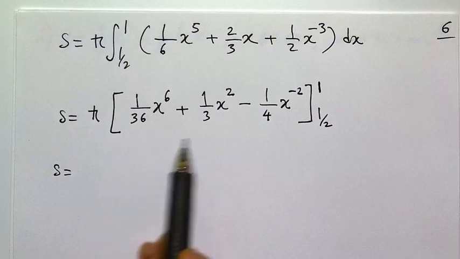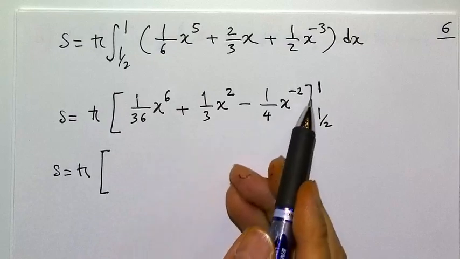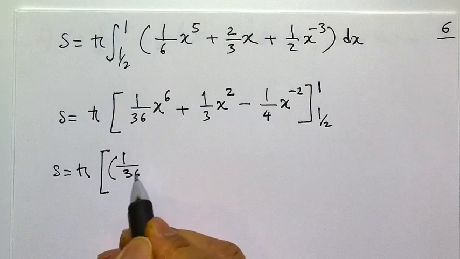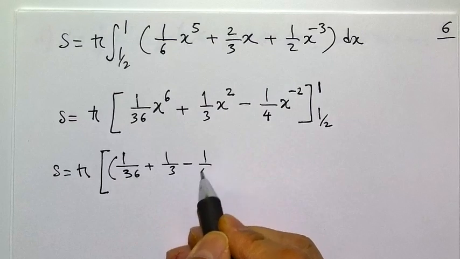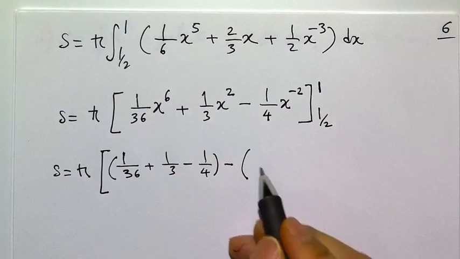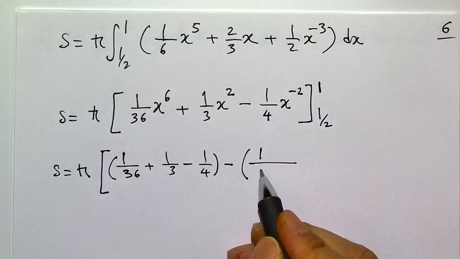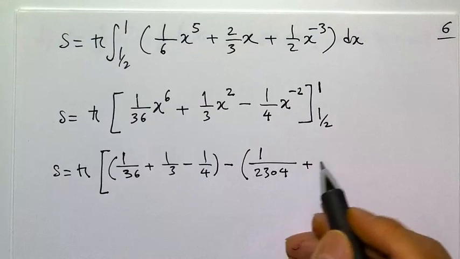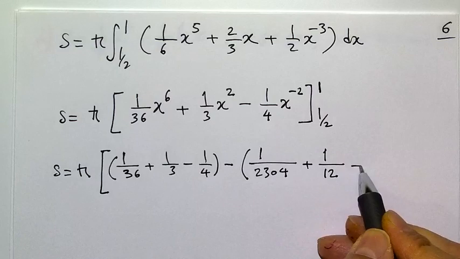Next, let's just do the calculation here. So we have pi times, substitute for x with 1. What do we get? We get 1/36 plus 1/3 minus 1/4 minus, substitute 1/2. So we get, okay, so what did I get for that? Let's see, 1/2304. Please don't take my word for it. See if this agrees with your own calculations. 1/12 minus 1.